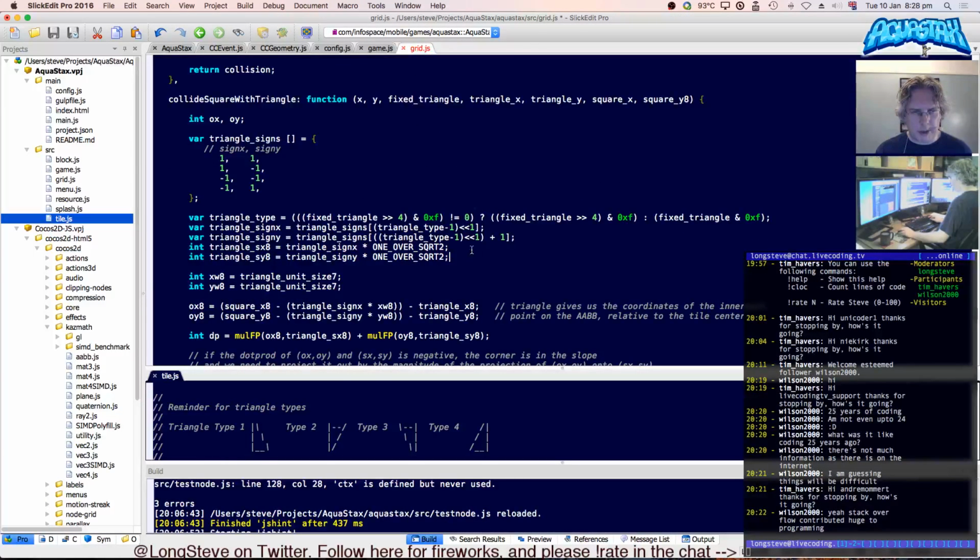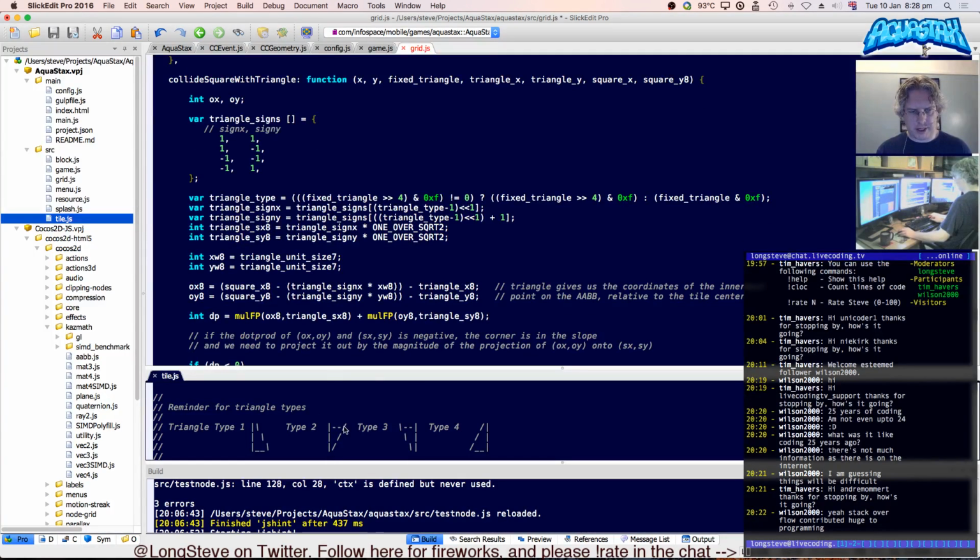What could that be? The square root of 2 is obviously the length of the hypotenuse of the triangle. 1 over the square root of 2, so it's possibly looking at the normal. It might be the normal, it might be something else going on here. Let's see.